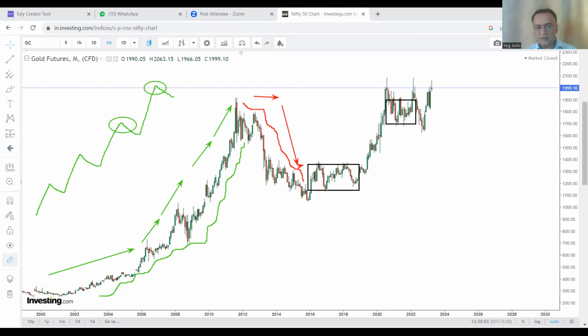Every new high is higher than its previous high, and every new low is higher than the previous low. If you see a chart like this, it is an uptrend momentum.